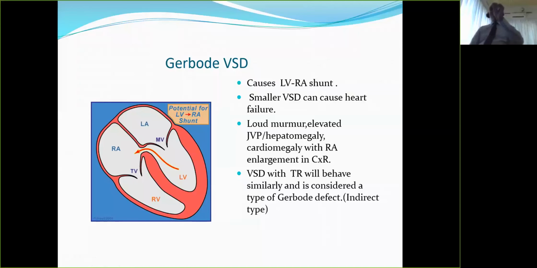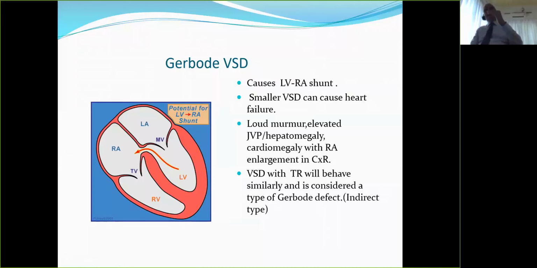And these defects are generally not large. After all, the atrioventricular septum is a smaller portion of the septum. Therefore, pulmonary hypertension is not the problem. But the RA, which is a low resistance chamber, is not supposed to receive blood flow at systemic pressure from the left ventricle. That is what pushes this baby into heart failure.